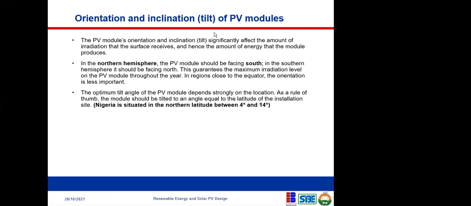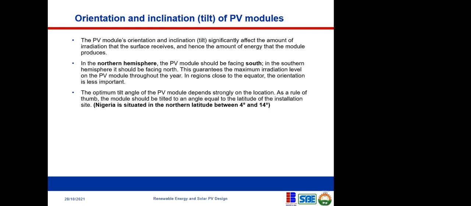So you need to understand some level of geography. You can go to Google and check the latitude of your installation site. Whatever latitude your installation site is, make sure your tilt angle is equal to that latitude. Latitude is in degrees, like an angle. That determines the tilt angle of your PV model.